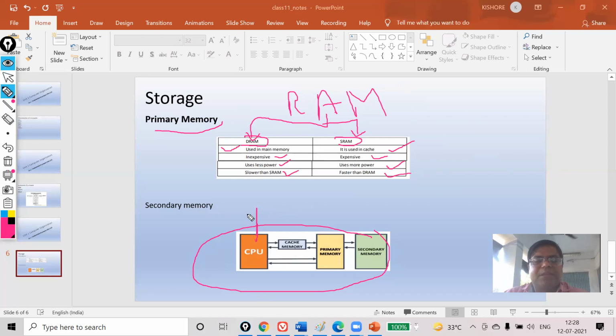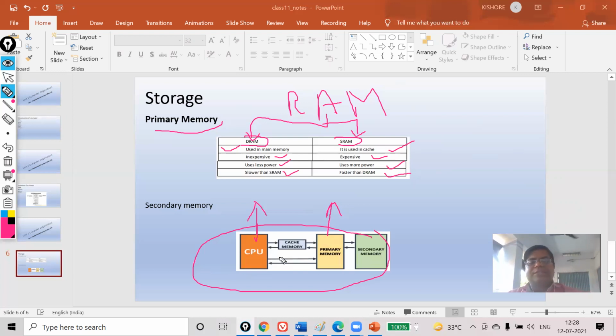It is generally placed between the CPU and the primary memory and acts as a buffer. It reduces the average access time to data from the main memory and is quite expensive.